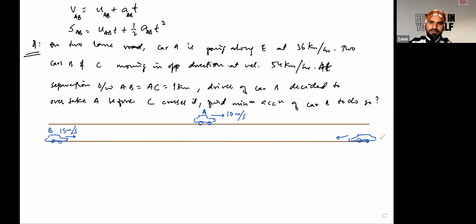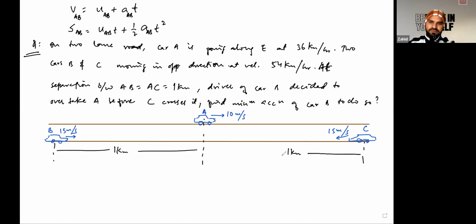Let's say B, and 15 meters per second, let's say C. At this instant, the separation between AC and AB is 1 kilometer.